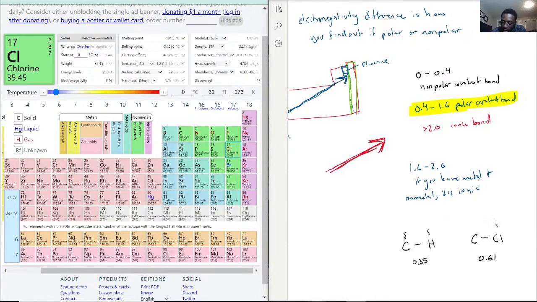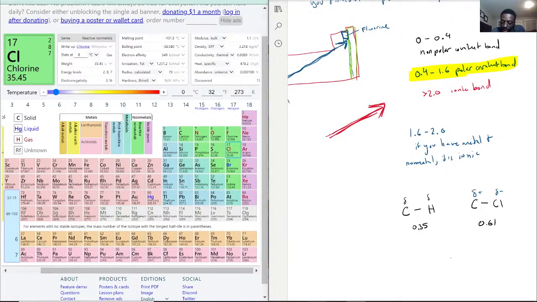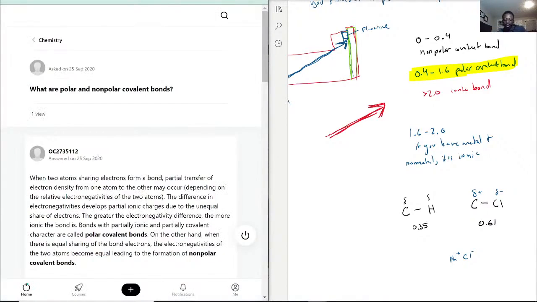This means that one side is going to be more negative and the other more positive. We don't do it like ionic compounds, where we say NaCl, whereas Na is positive, Cl is negative. We break it down like this because we're saying it has a polarity, a negative polarity on the Cl and a positive polarity on the carbon. So negative on the chlorine, positive on the carbon. That's usually how we indicate a polar bond.